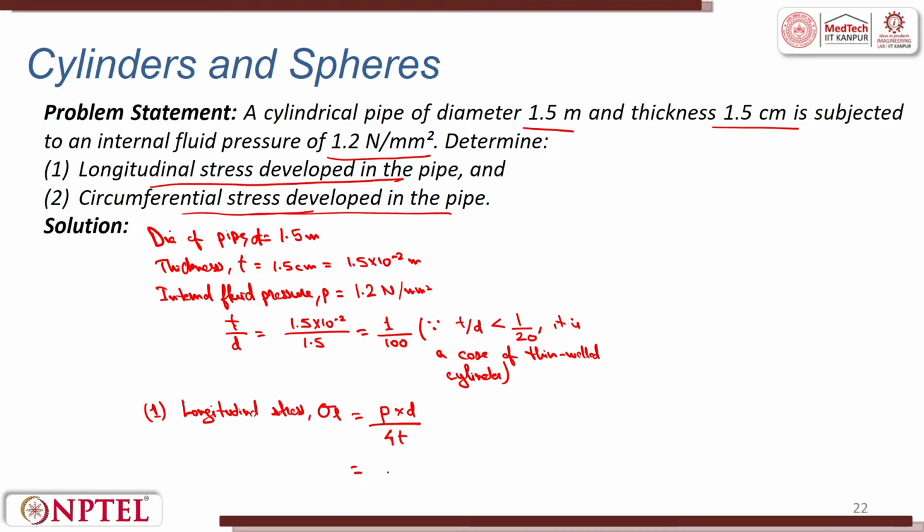This is equal to 1.2 into diameter 1.5 by 4 into thickness 1.5 into 10 raised to power minus 2. So this is equal to 30 newtons. Everything is now converted into millimeters, so because the pressure is given in millimeter square, this also remains newtons per millimeter square. Right. Second part, circumferential stress.